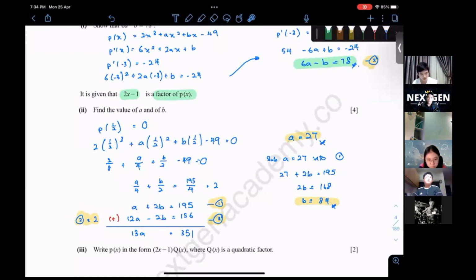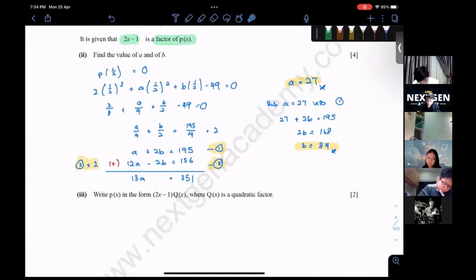Whenever you all see the word quadratic, just think about ax squared plus bx plus c. Whether it's quadratic equation or quadratic function, it will be something like ax squared plus bx plus c. So that's the meaning.